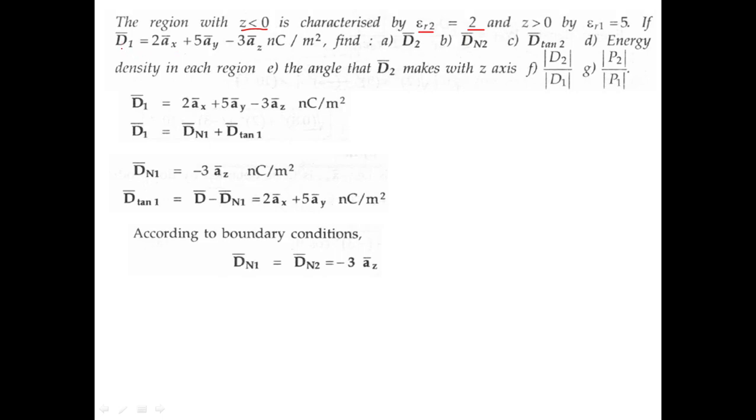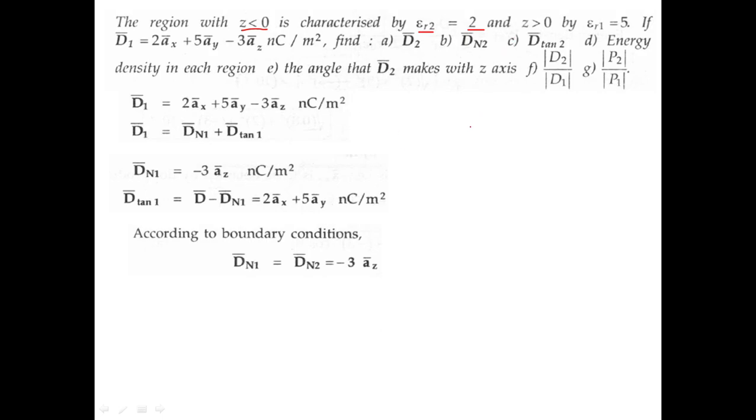If D1 is equal to 2ax cap plus 5ay cap minus 3az cap nanocoulomb per meter square, find D2 vector, Dn2 vector, Dtan2 vector. This is not required here. Energy density we'll see. Also the angle that D2 makes with the z axis, D2 by D1, and P2 by P1, right?